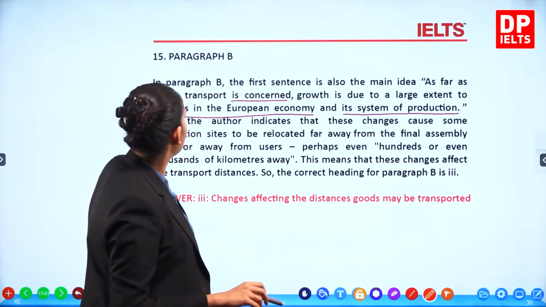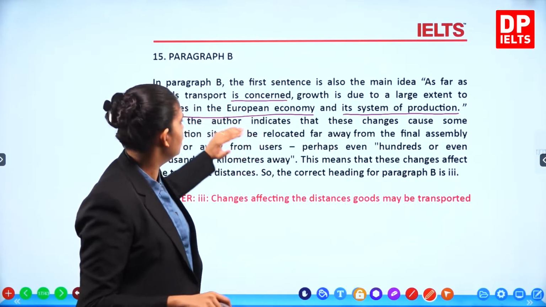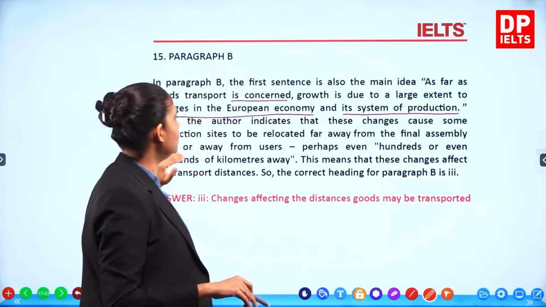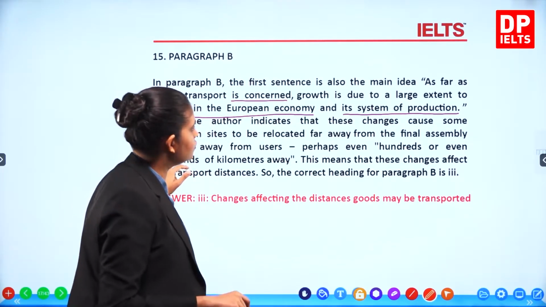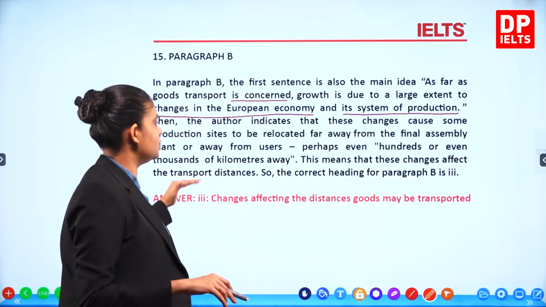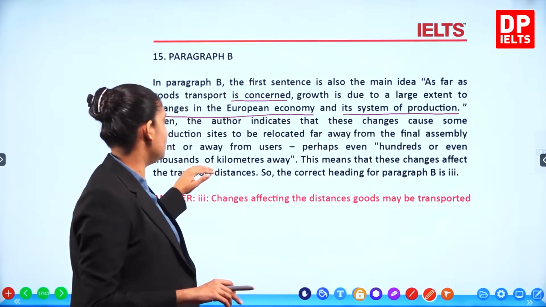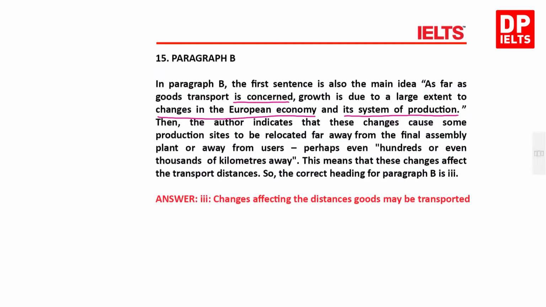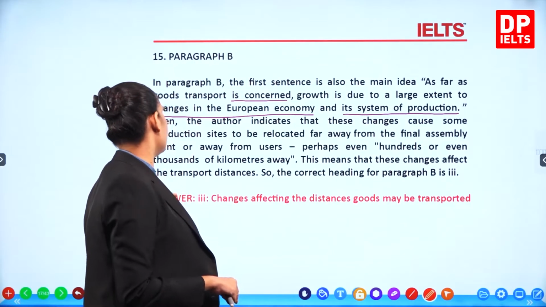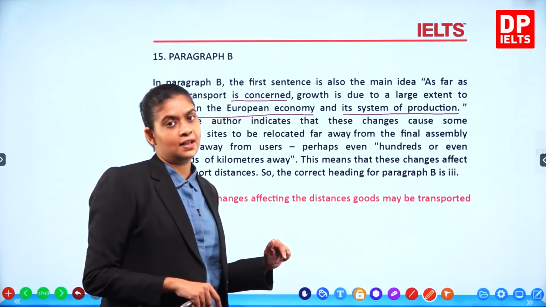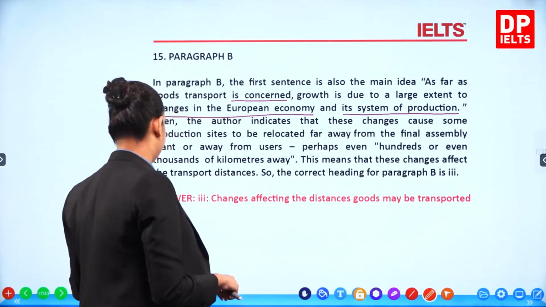The author indicates that these changes cause some production sites to be relocated far away from the final assembly plant or away from users, perhaps even hundreds of miles, thousands of kilometers away. This means that these changes affect the transport distances. So the correct heading for B is definitely number 3.